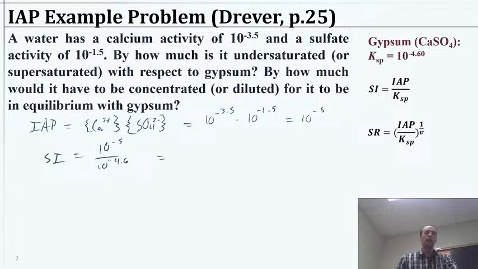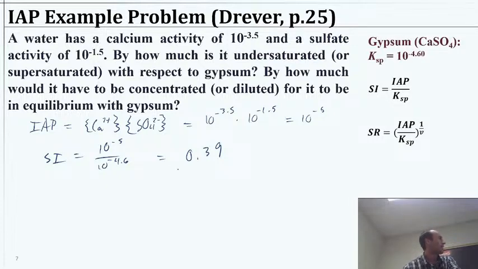And that should become 10 to the minus 0.4, I think, right? So what is that value? Wait, I'm tripping. 0.39. There we go. That sounds better. I'll believe that one.